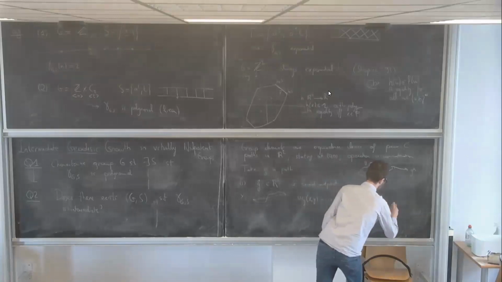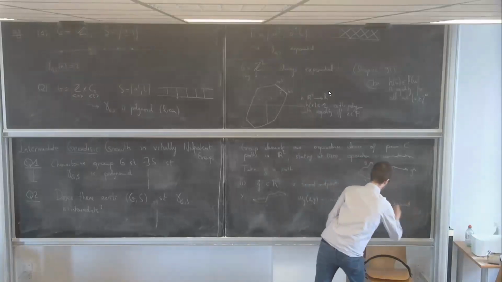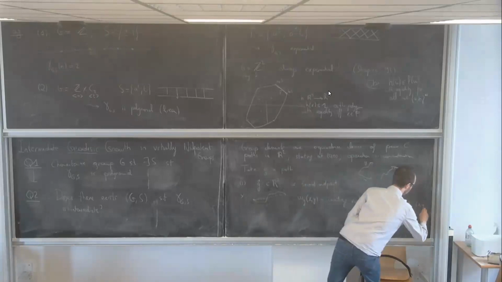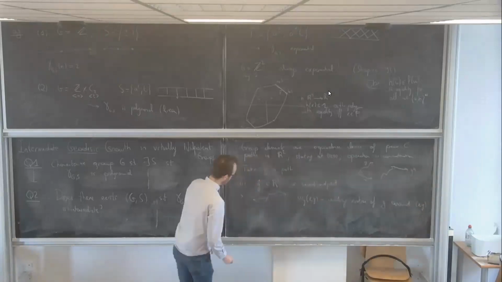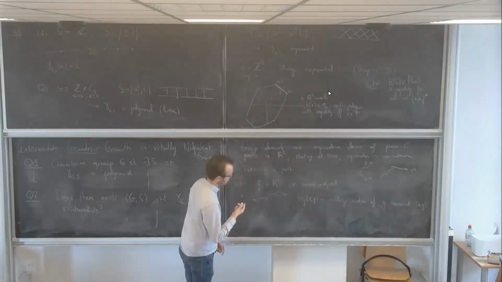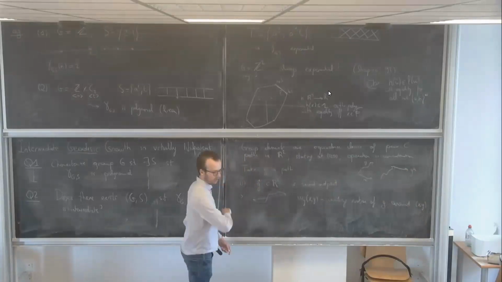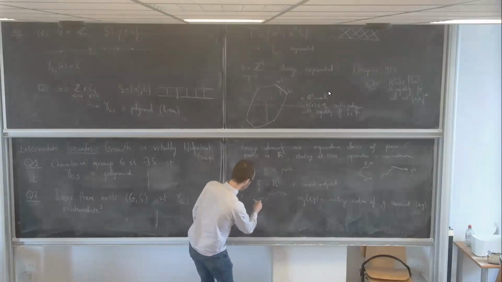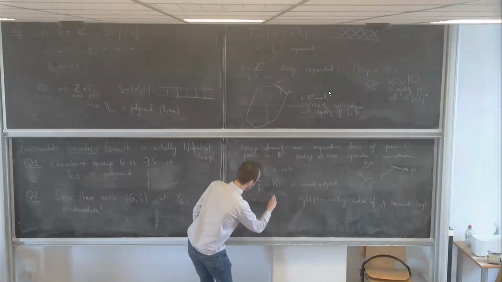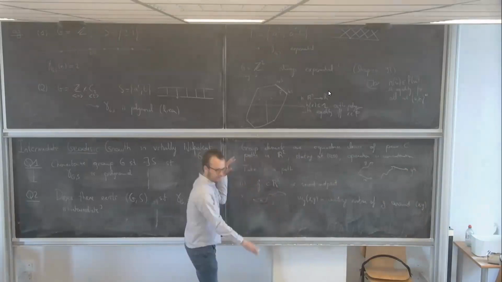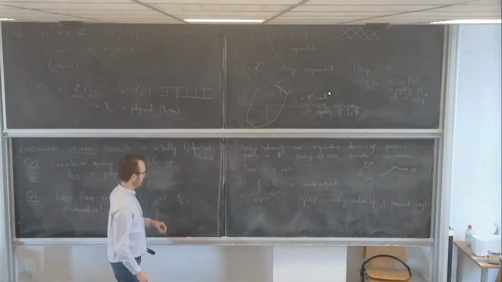Just to be clear, you should count positively if you go anti-clockwise and negatively if you go clockwise. So here it would be +1 here, -1 here, and 0 outside.